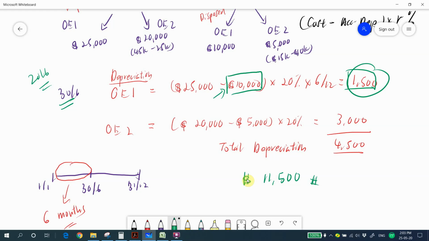In total, 10,000 plus 1,500, we get 11,500. Remember, if the asset is still being used during the year, we have to account for the number of months that we're using, for example these 6 months.